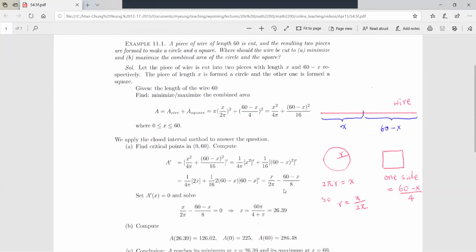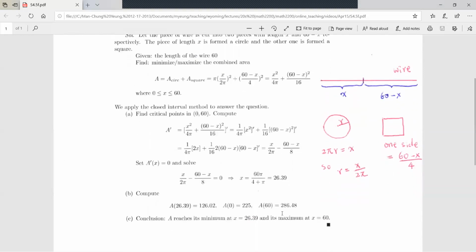This is the derivative of A with respect to x. Okay. Now to find critical points, I set the derivative to 0 and solve this equation. Then I get the critical point is 26.39. Step 1. Step 2.